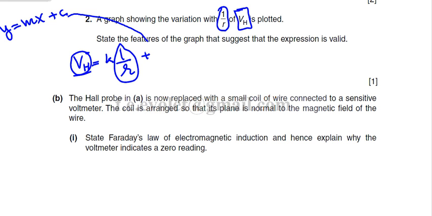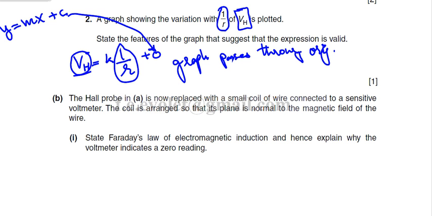So that shows that the graph must pass through the origin. This feature of the graph tells us that it's a directly proportional graph. Got it? So let's move to the next part.